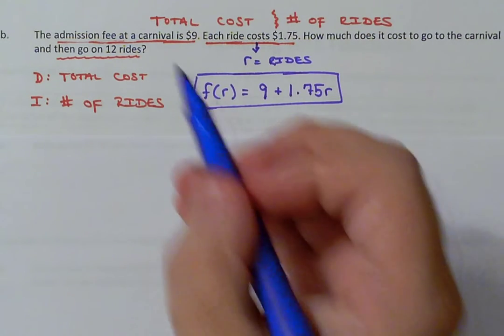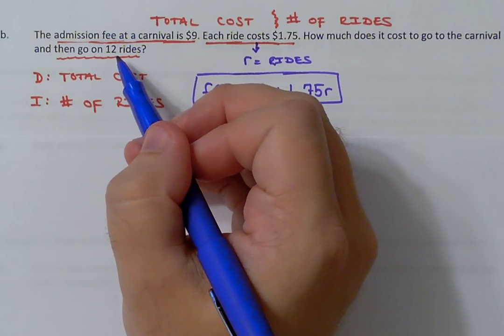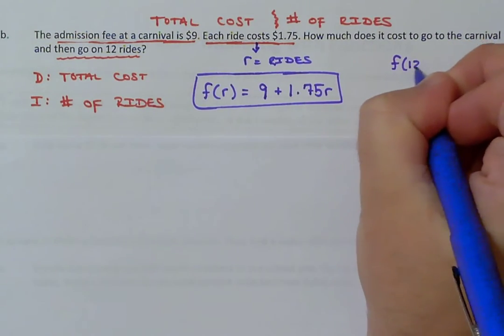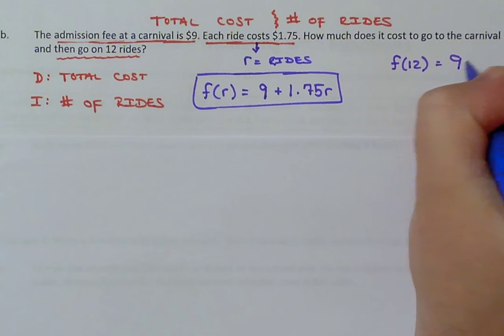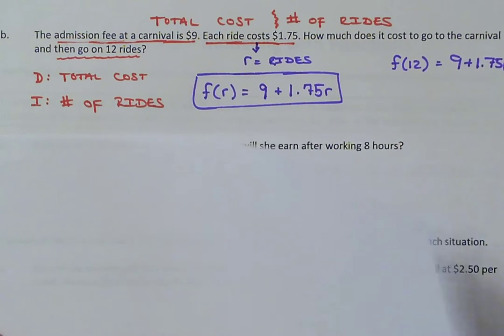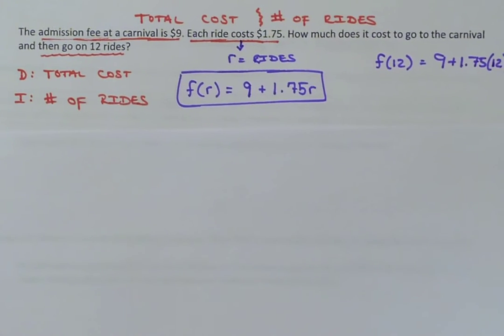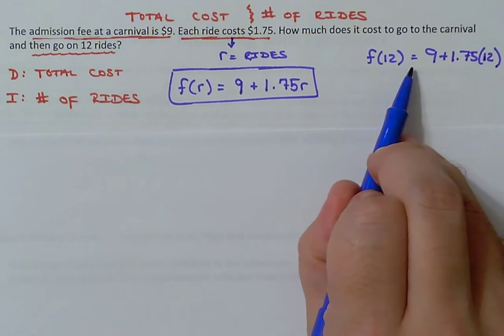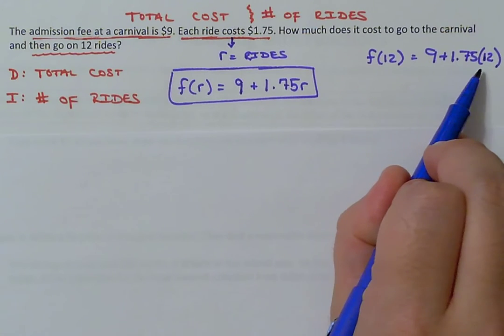Alright, my situation asks how much it costs for 12 rides. So we take f of 12 and plug that in for r. So f of 12 equals 9 plus 175 times 12.